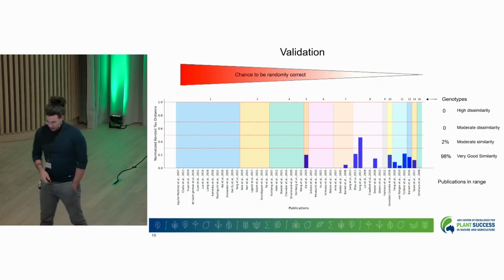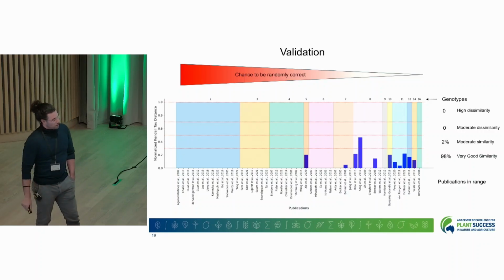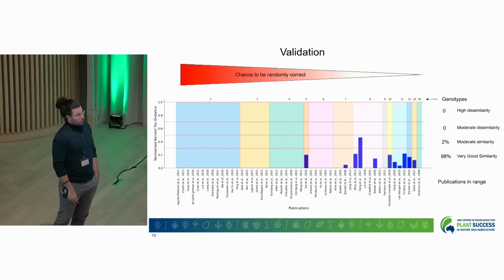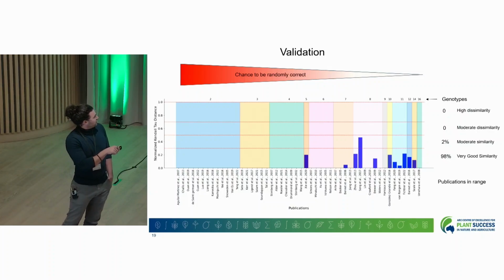So that was quite encouraging results. I have to mention that there were papers that gave a bit of dissimilarity, but our network was not so robust there because there was not much information about it.